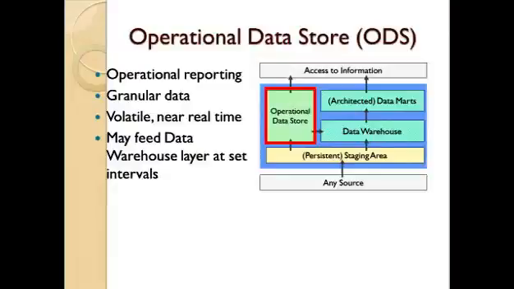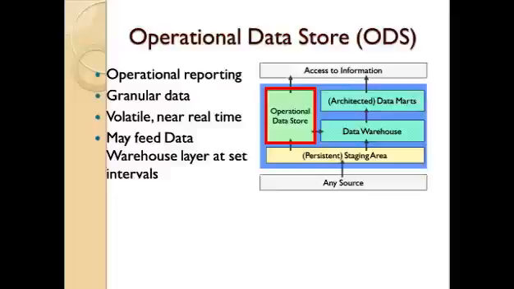The second component is the operational data store. And as the name implies, this is where operational data is stored. In other words, business transactions or transaction data can be stored here.